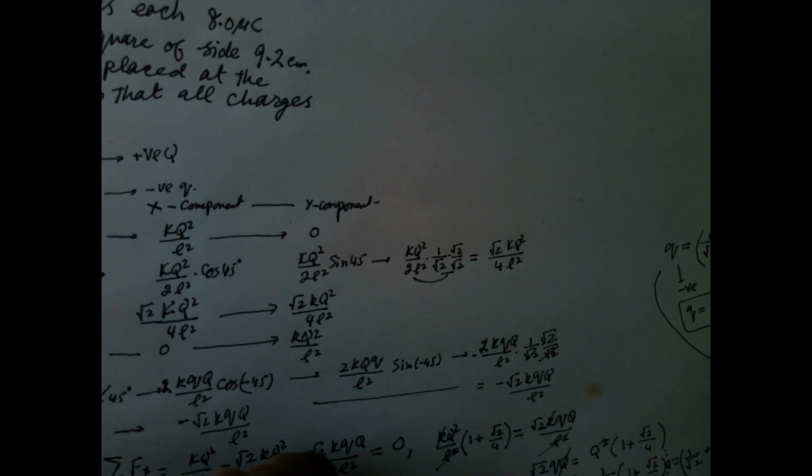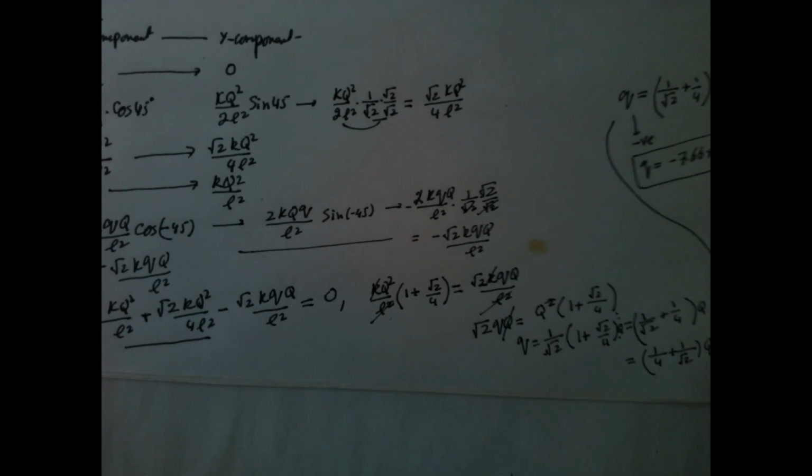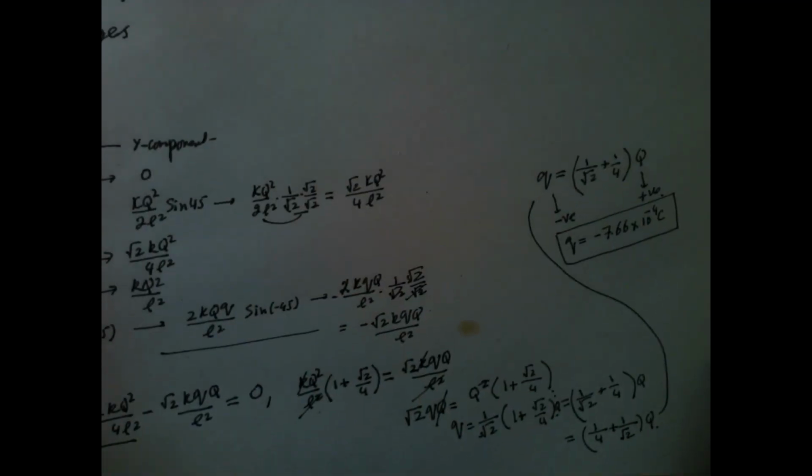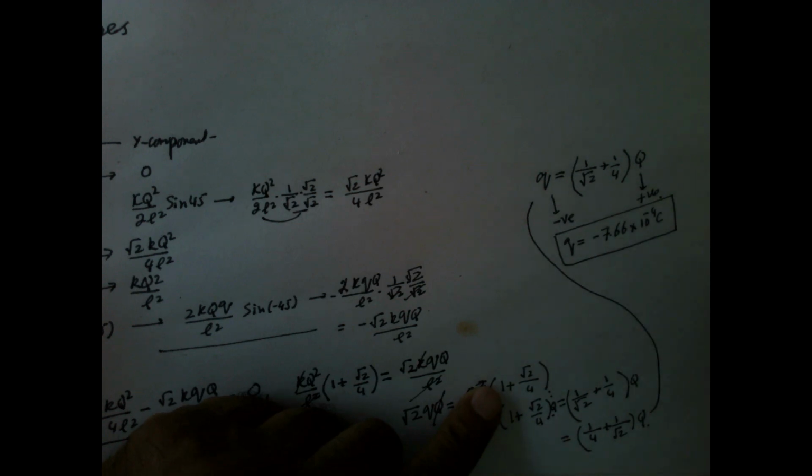So q is equal to (1 over square root 2 plus 1 over 4) Q. Q is positive, small q is negative, so the value is this one.